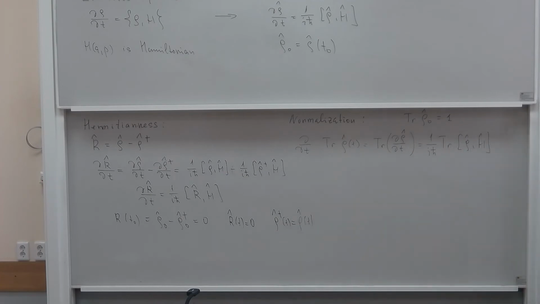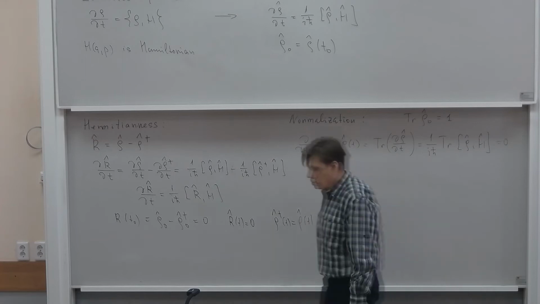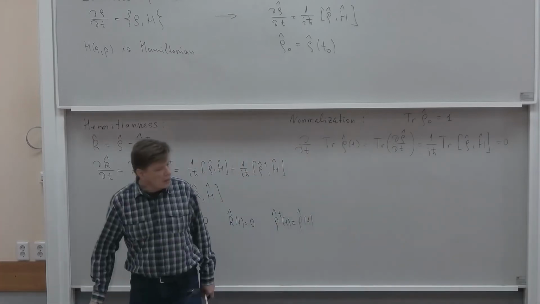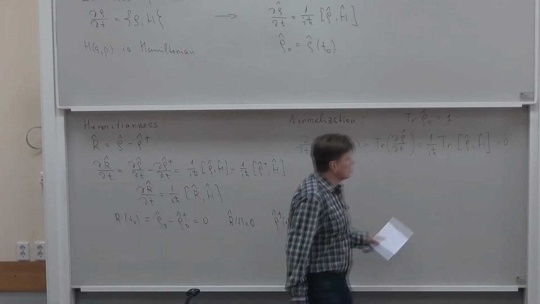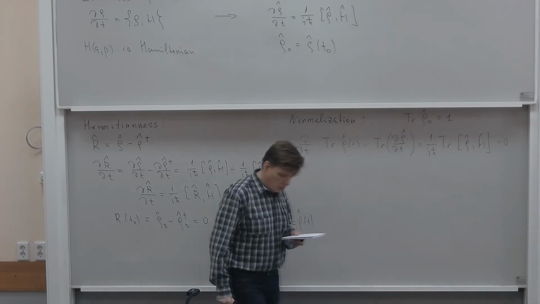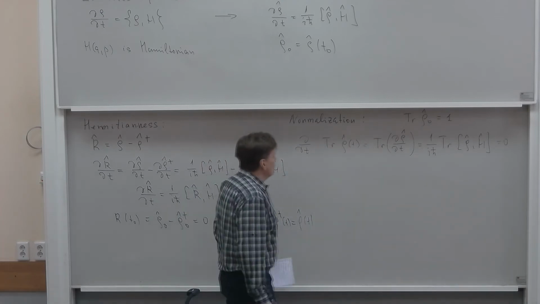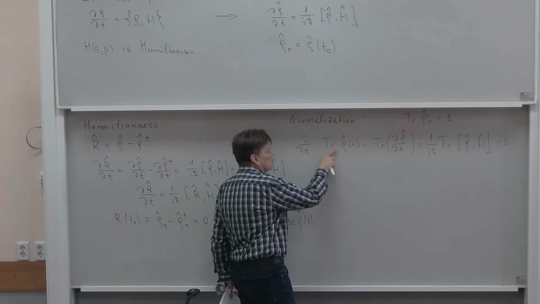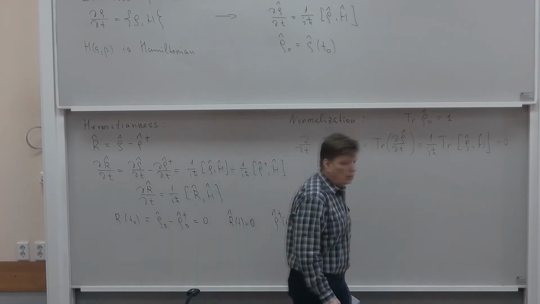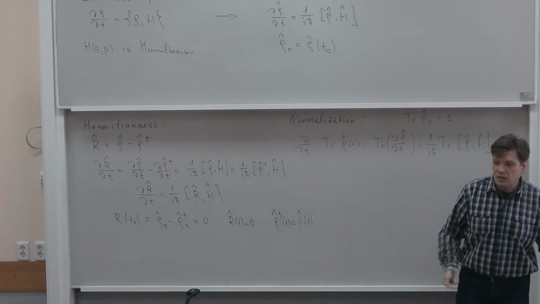And we know that the trace of the commutator is always zero because of the trace cyclicity property. The trace of the commutator of two operators is always zero. So this means that the trace of the statistical operator doesn't vary with time.